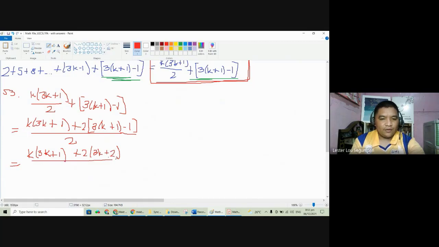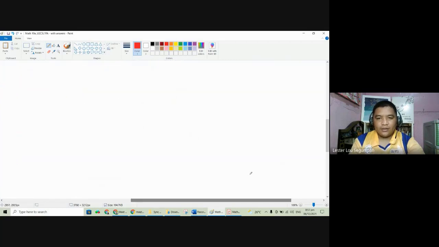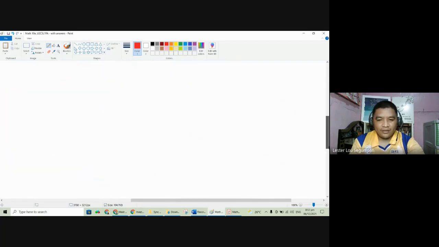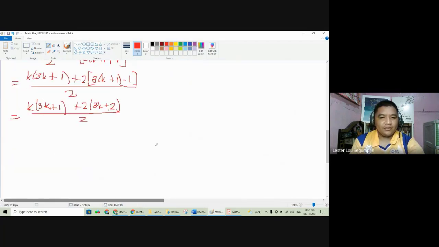All over 2. Earlier, in number 1, we were able to factor out the binomial k plus 1 because it's common to these pairs here. However, for this expression, this is 3k plus 1, this is 3k plus 2, so we cannot do that. The next thing is we could just simply multiply. k times 3k is 3k squared, k times 1 is plus k.